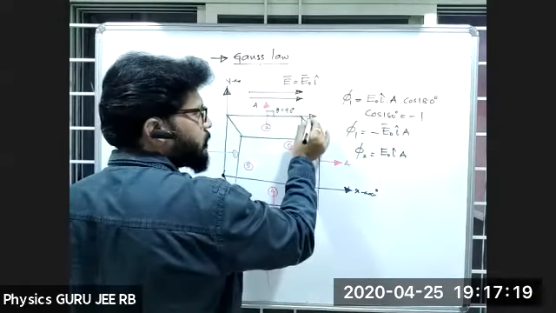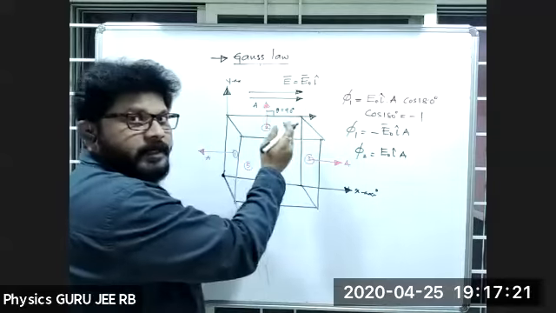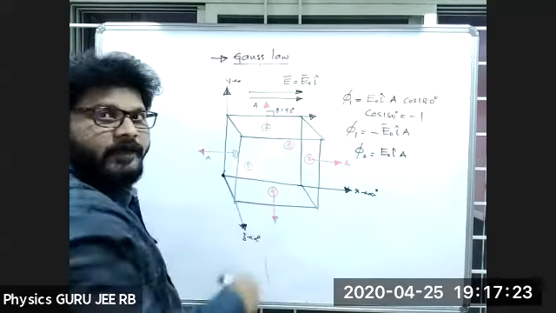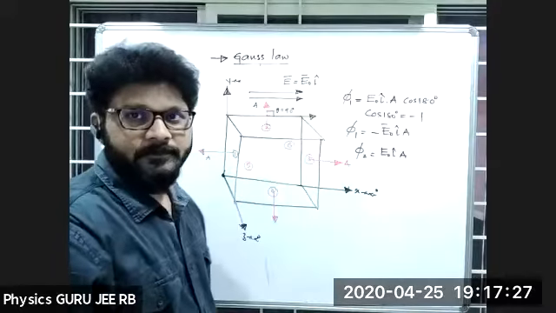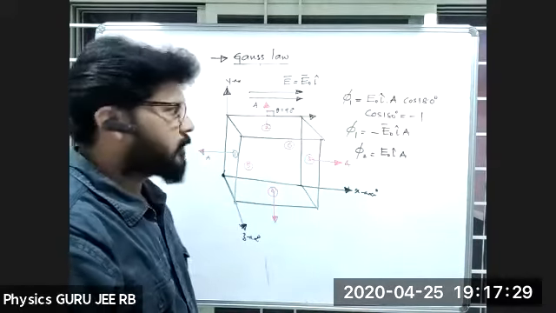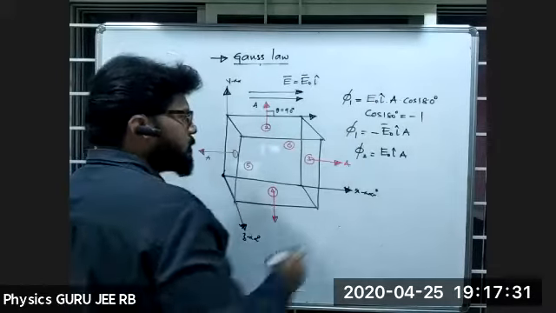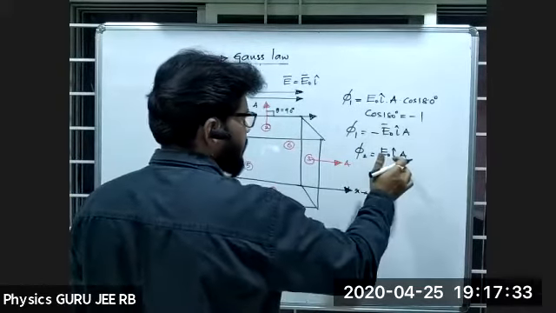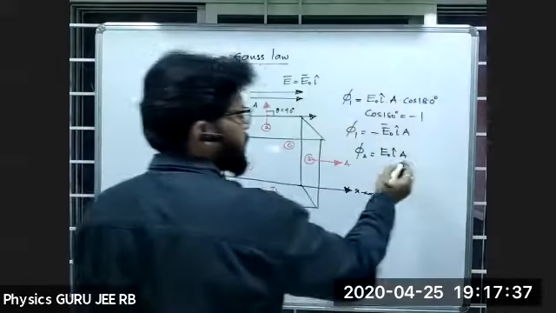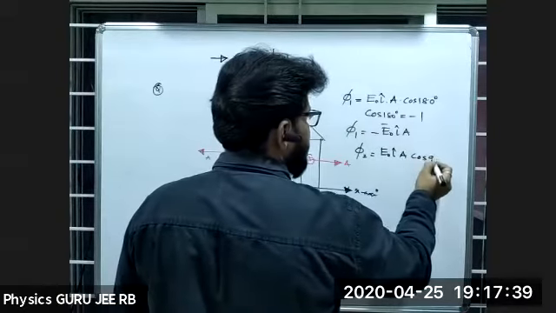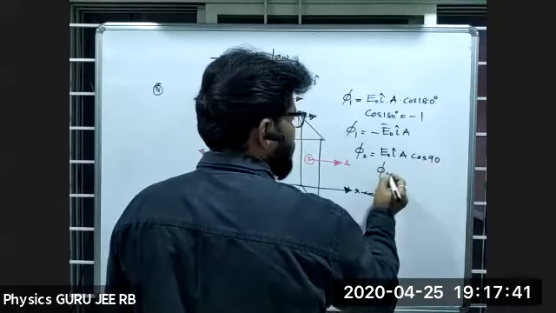At this particular point, this is the direction of electric field and this is the direction of area. Yes, theta is equal to 90 degrees. So phi 2 is E naught I into A cos 90, and cos 90 becomes 0. So phi 2 is nothing but 0.